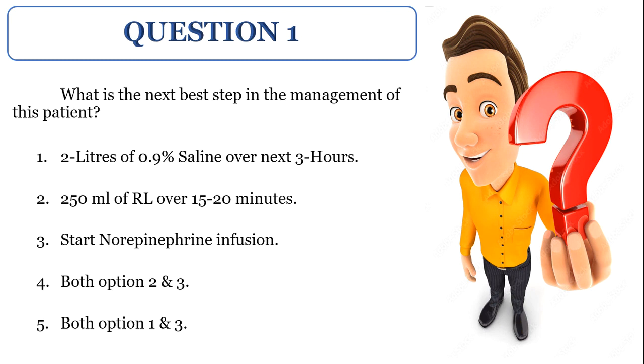Do you want to give 2 liters of 0.9% saline over the next 3 hours? Who wants to give 250 ml of Ringer's lactate over 15-20 minutes? Who wants to start norepinephrine infusion immediately? Who goes for both option 2 and 3, and who goes for both option 1 and 3? Who is in favor of one? Raise your hands.